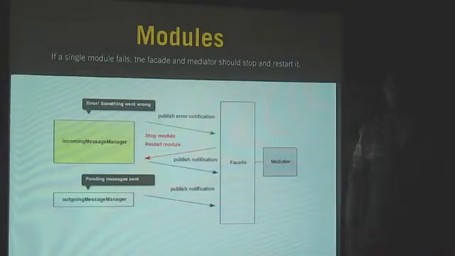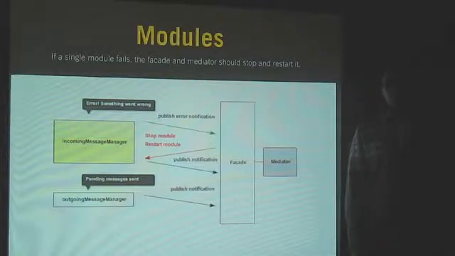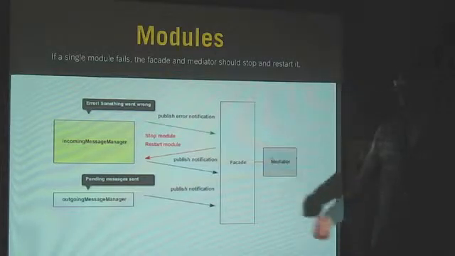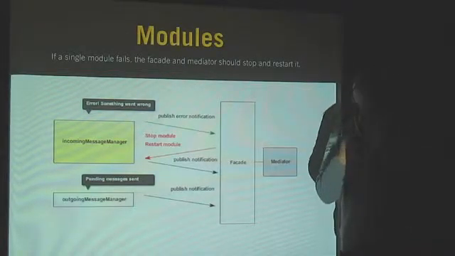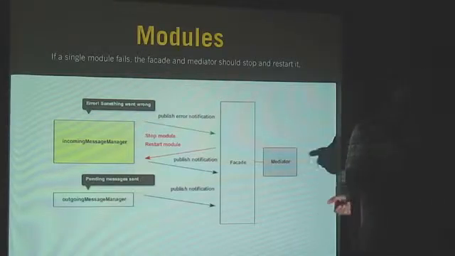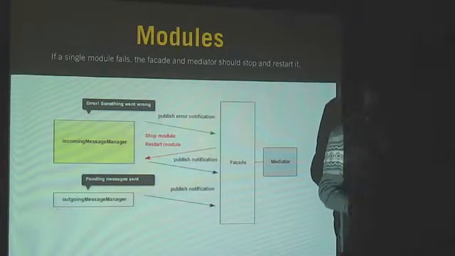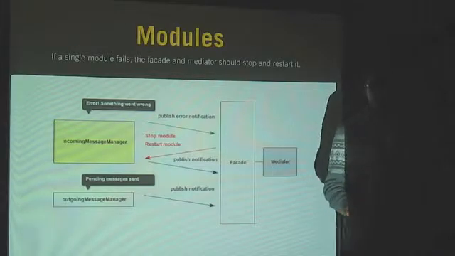I'm going to stop the outgoing message manager. I'm going to say, okay, I've got to restart what crashed. I'm going to then unpause anything else that's been going on, and it keeps working. Nothing crashes. It just keeps on going on and on. From a user's point of view, this hopefully is something which they barely notice. When you're developing applications, if a user doesn't notice when something goes wrong, and you can still keep working, that's perfect.